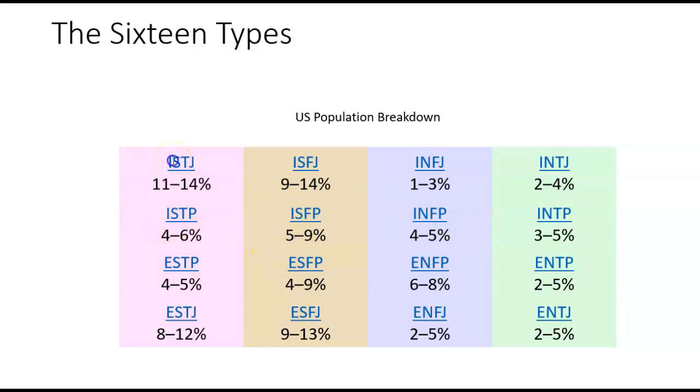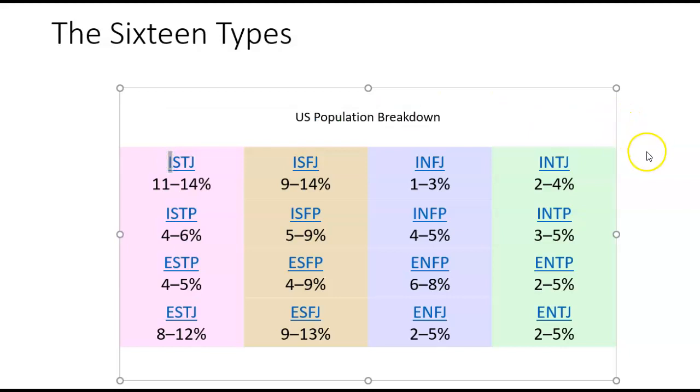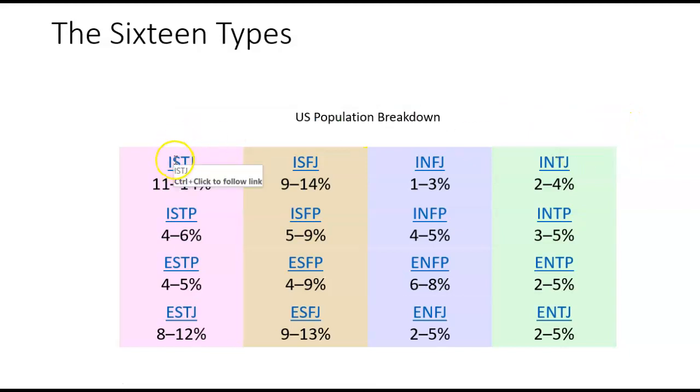Someone may score an I, but they're really right on the borderline. Today they're an I, but maybe yesterday they would have answered more E, right? So again, I'm not recommending the Myers-Briggs, but I do recognize that there are different personality types, and we do need to figure out ways to accommodate them, which we'll talk about in the next lecture.